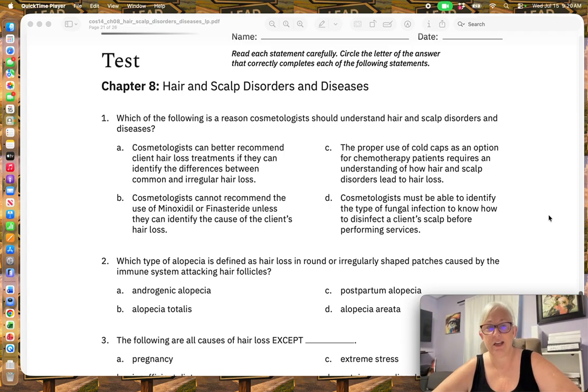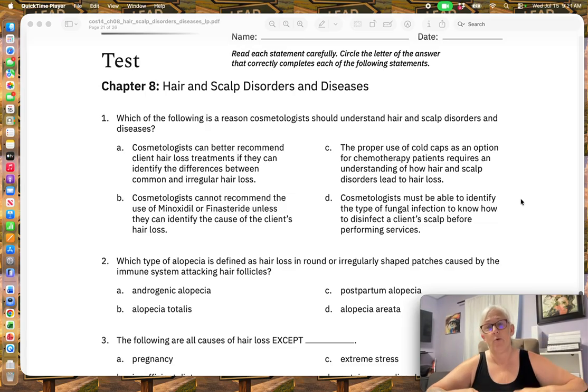B, cosmetologists cannot recommend the use of minoxidil or finasteride unless they can identify the cause of the client's hair loss. That's not true.